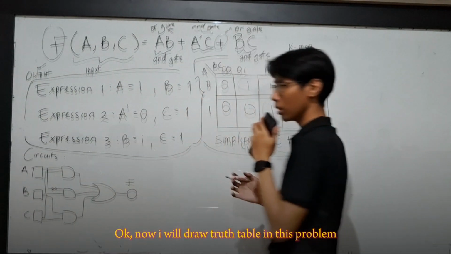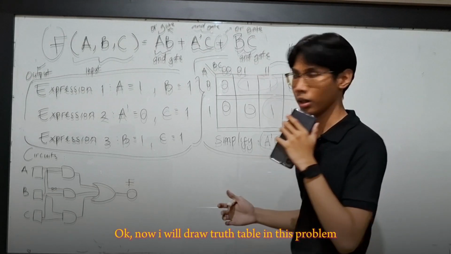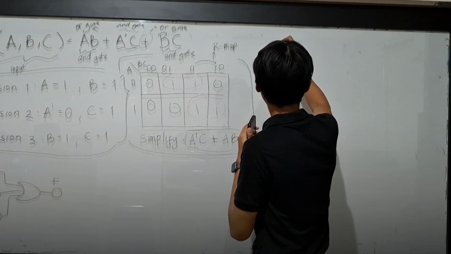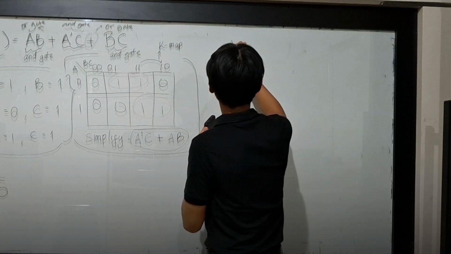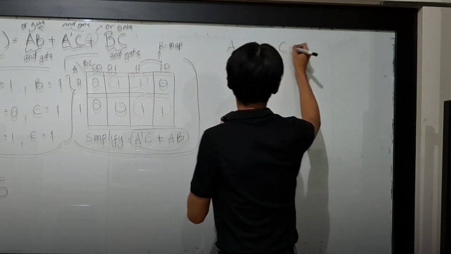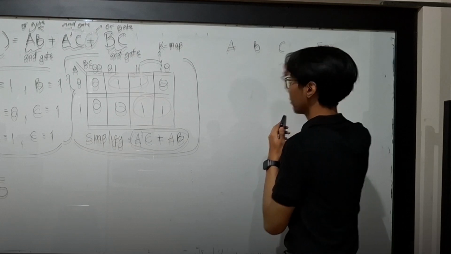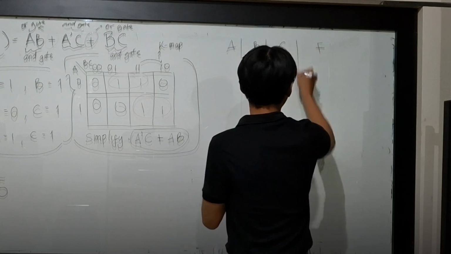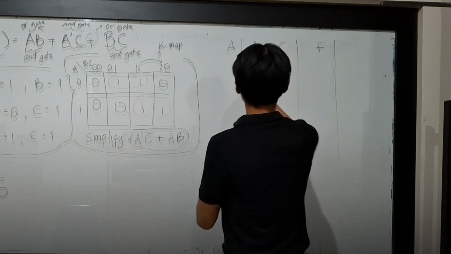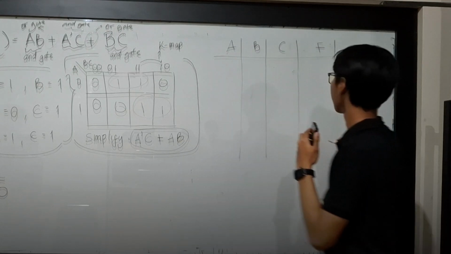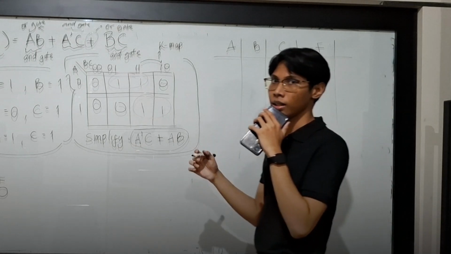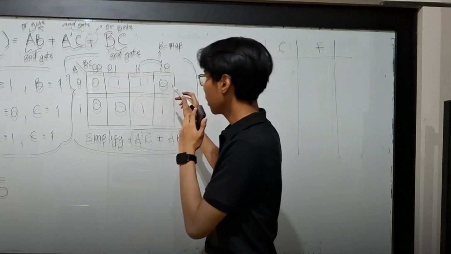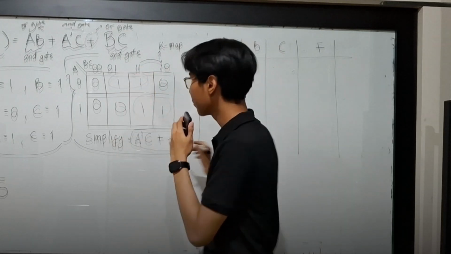Okay, now I will draw the truth table for this problem. A, B, C, and the output is F. Before I write the truth table, you must remember this schema.